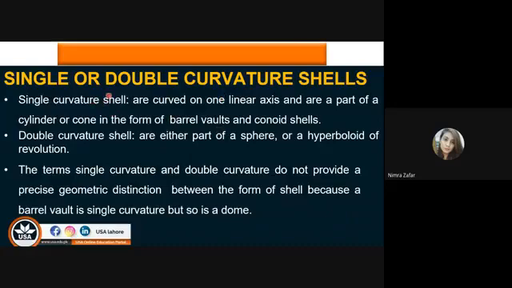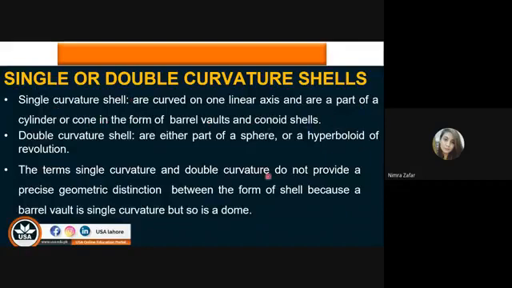Then we have single or double curvature shells. Let's see what single curvature shell is. Single curvature shells are curved on one linear axis and are a part of a cylinder or a cone in the form of barrel vaults and conoid shells.